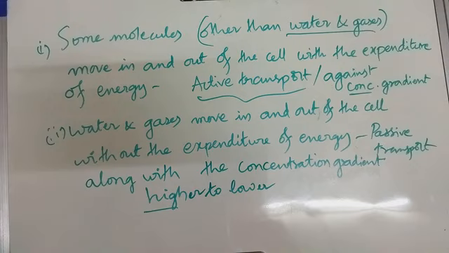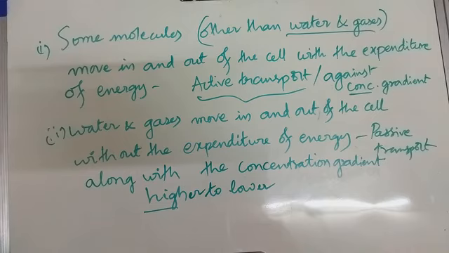This is because of its specialized structure of having more amount of lipids and proteins and very less amount of carbohydrates. Remember this point. Plasma membrane is having more amount of lipids and proteins in its structure and very less amount of carbohydrates.